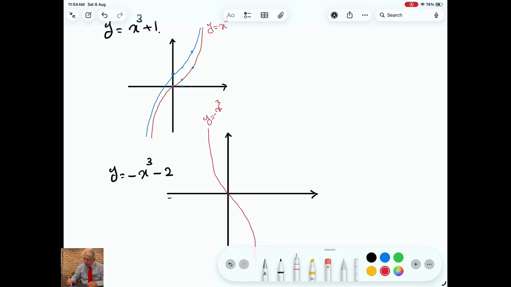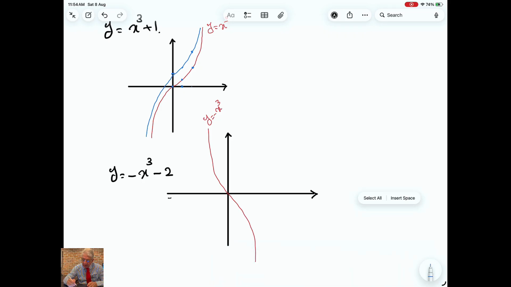Therefore, I am now using blue color to draw that one. Therefore, this is 2 units down. For example, if here is negative 2, it comes 2 units down to this point here. Therefore, the graph looks like this. That means everywhere this distance should be 2 units, this distance should be 2 units. Therefore, everywhere the graph came down 2 units.